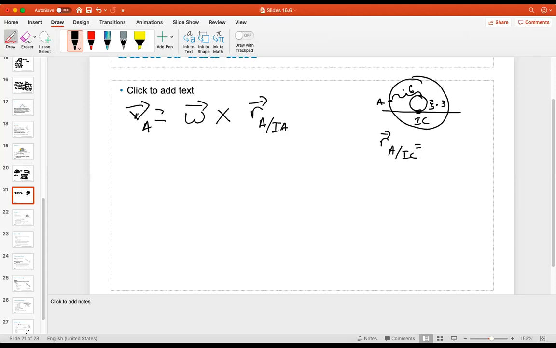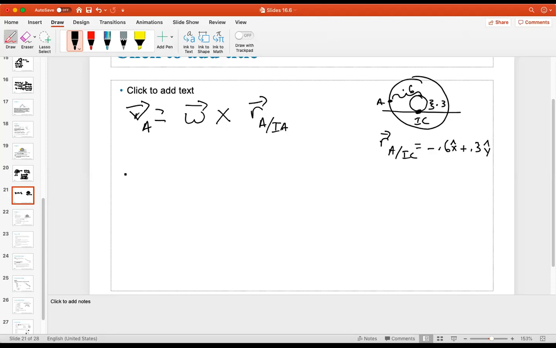If you're standing here to get to A, you will need to go back and up. So it's going to be negative 0.6 x hat plus 0.3 y hat. All right, sorry about that.